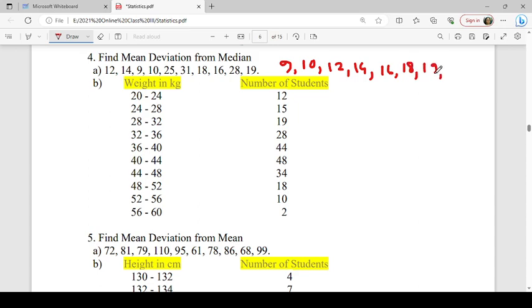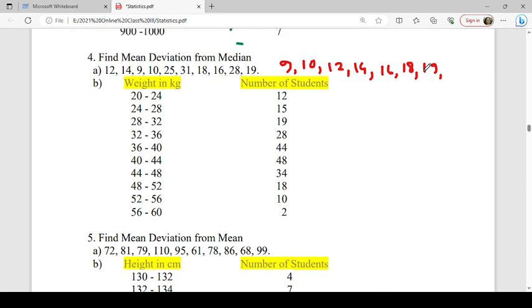19, then 25, 28, 31. So 10 observations are there, so we choose these two.